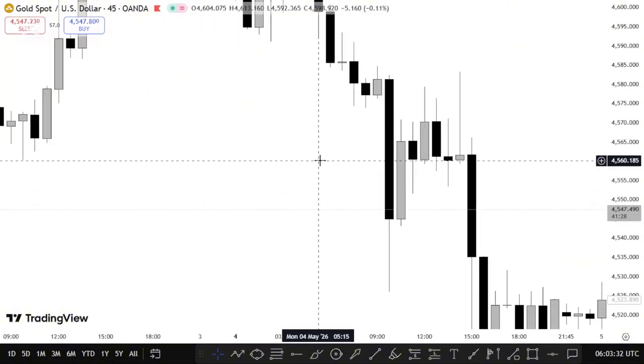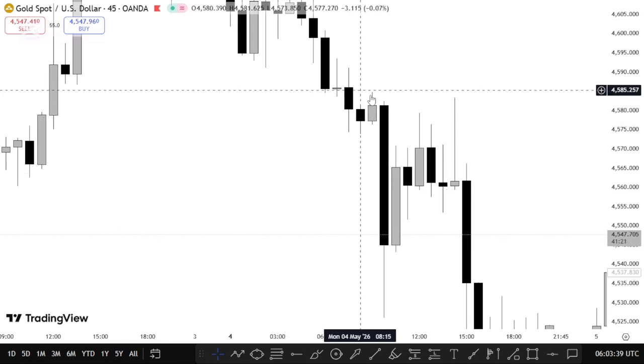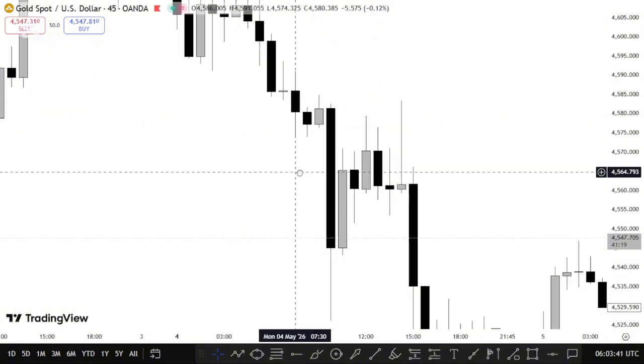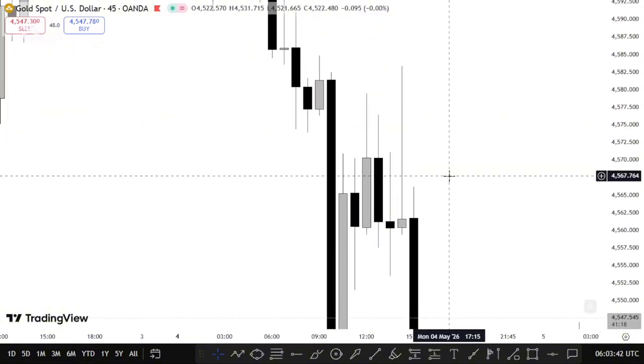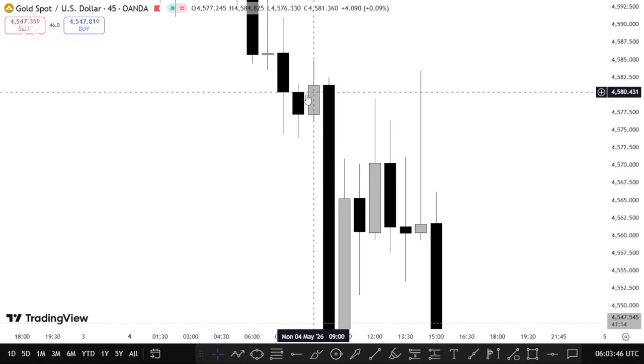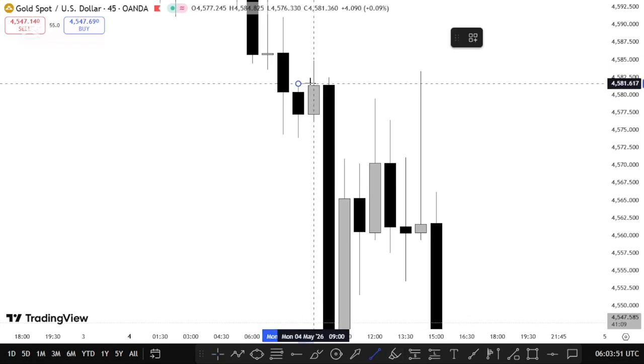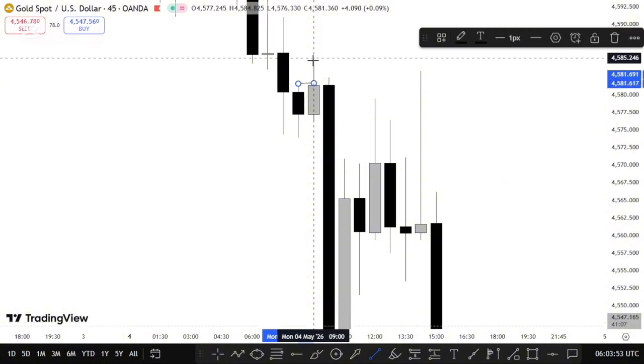Like I said earlier, order blocks are mainly a three candlestick pattern. The color variation does not actually matter. Now look at this particular candle right here. You can see that this candle took out this candle's high and then created a high.